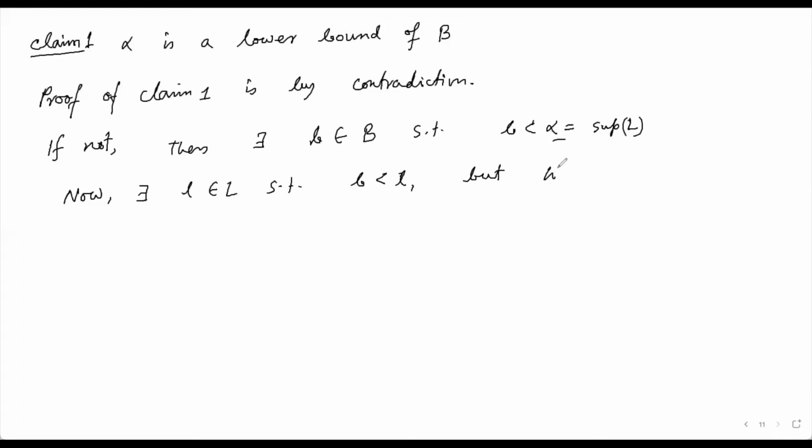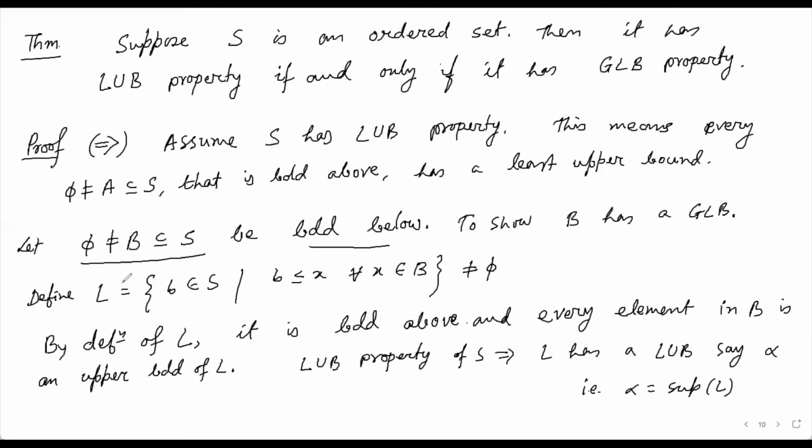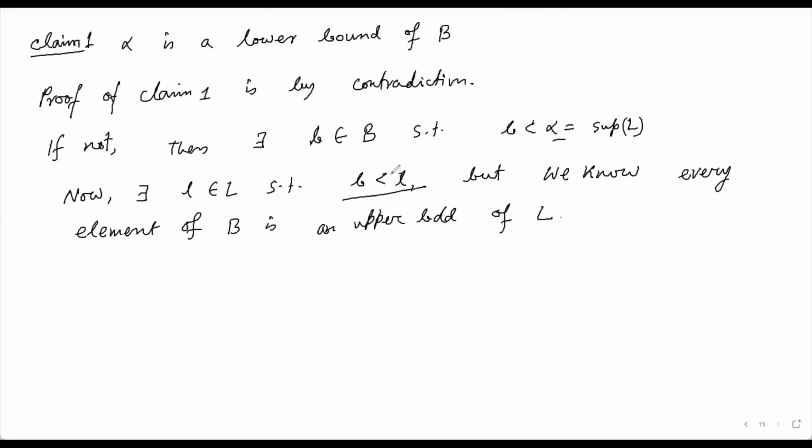We know every element of B is an upper bound of L, by the definition of L. But here, what we get is b is less than l, where l belongs to L. So b cannot be an upper bound of L. So this is the contradiction.